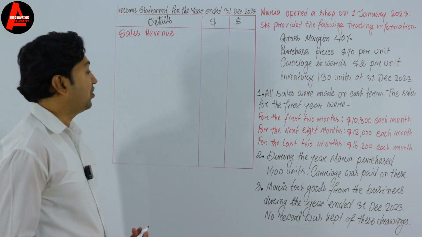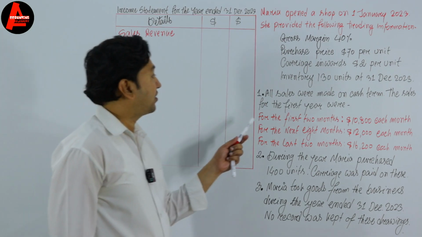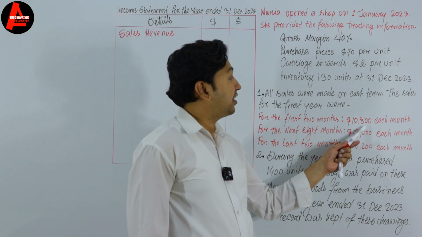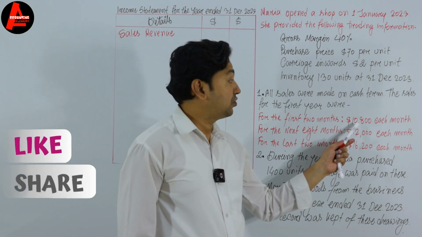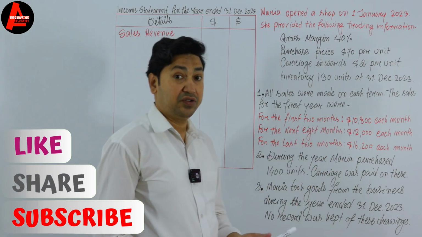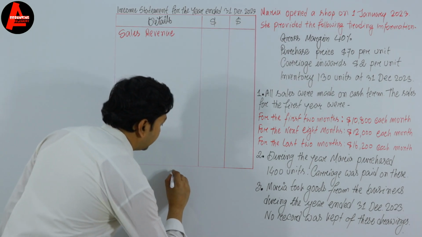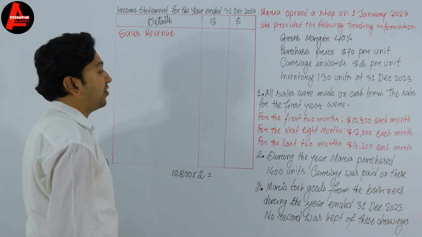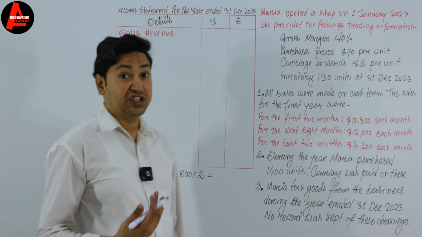Now we will calculate sales revenue. What is written about sales? For the first 2 months, $10,800 each month. This is the sales per month, for the first 2 months. So let us write $10,800 times 2. Then for the next 8 months, $12,000 each month.